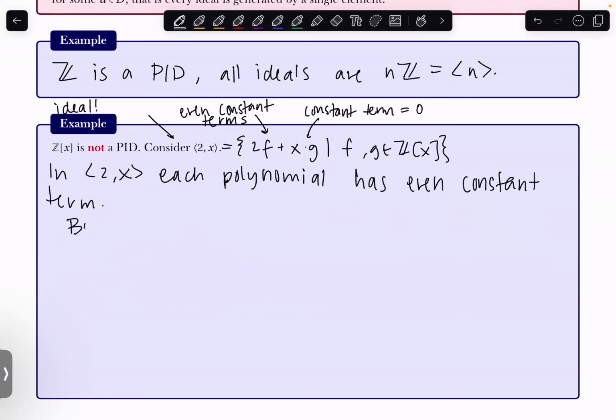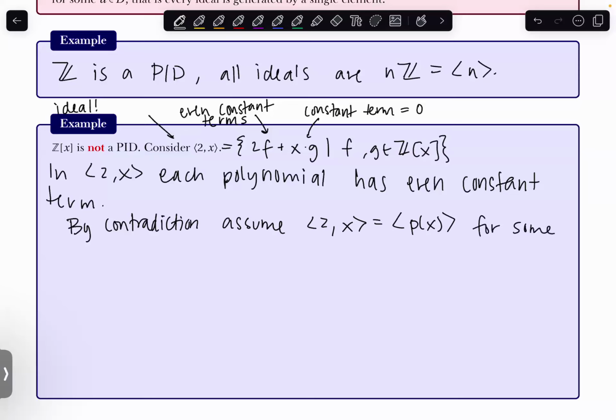So by contradiction, assume you can write this as a principal ideal. It's being generated by one single polynomial that comes from our ring where the coefficients are in my integers here.